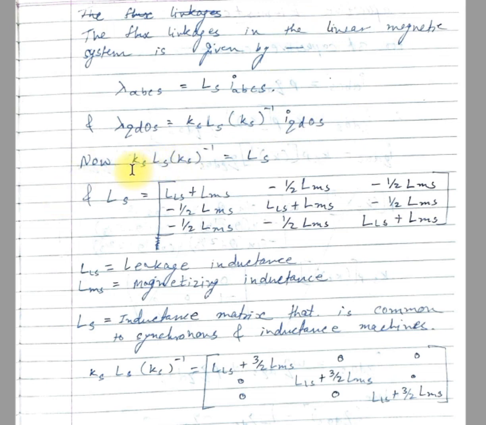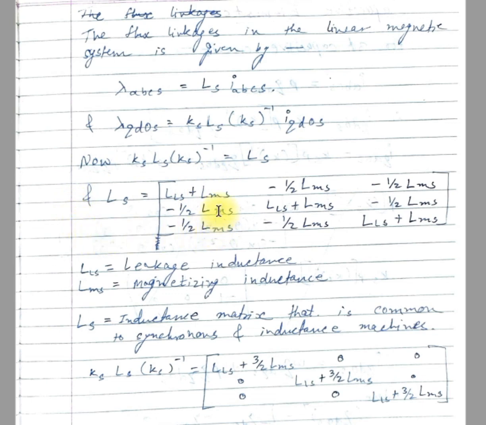Here again, ks into ls into ks inverse would be equal to ls only when the non-diagonal elements of the matrix LS are equal. So this is the matrix of LS.